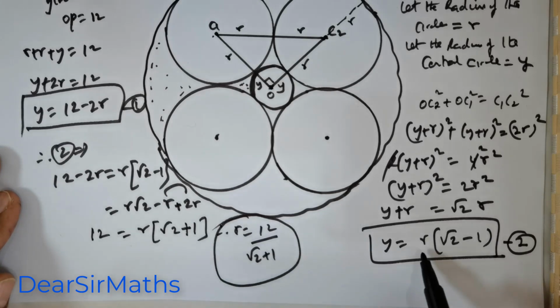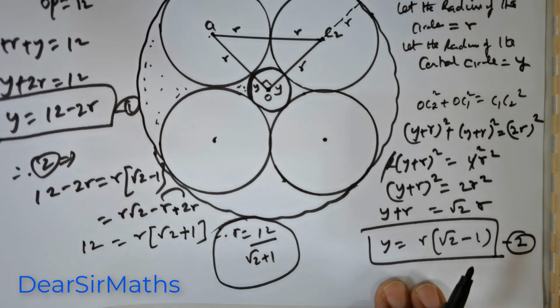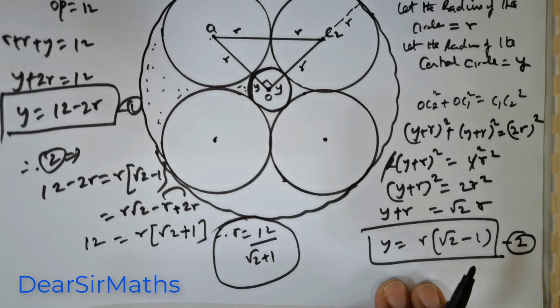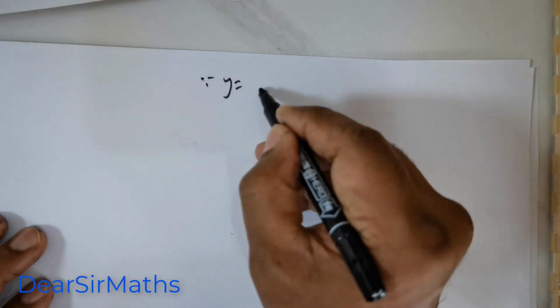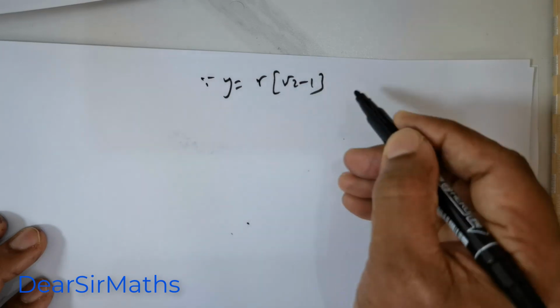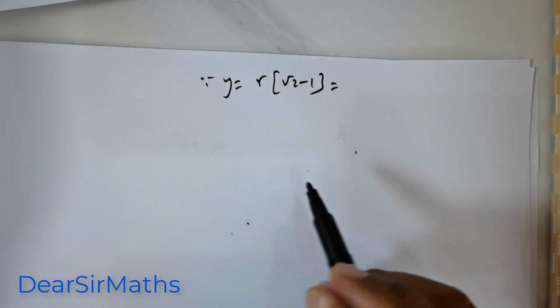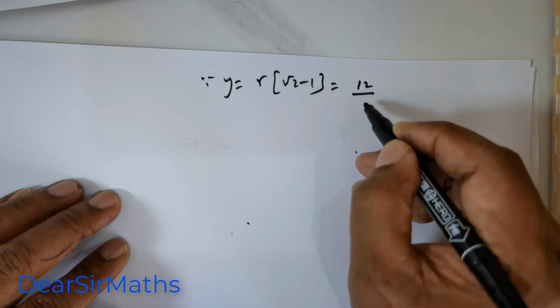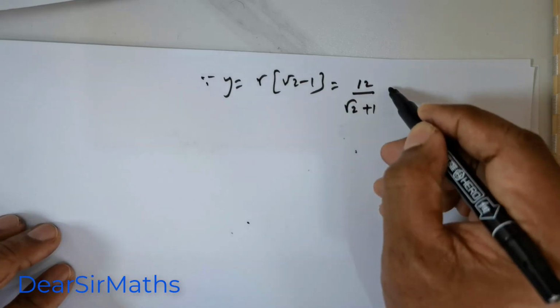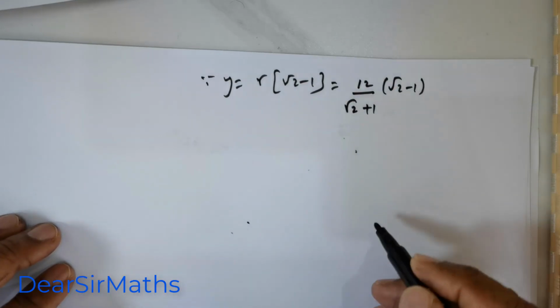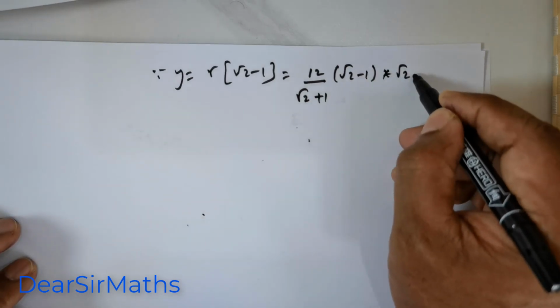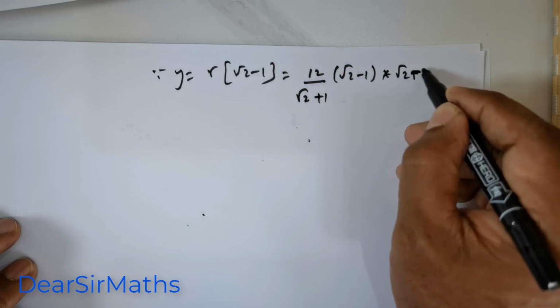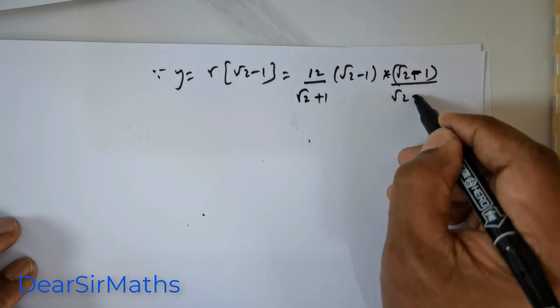Now take the value of r and substitute it here. That would mean I can get the value of y. Since y is equal to r times (root 2 minus 1), and I know the value of r, which is 12 over (root 2 plus 1), I have a root 2 minus 1. I can rationalize this by multiplying by (root 2 minus 1) divided by (root 2 minus 1).